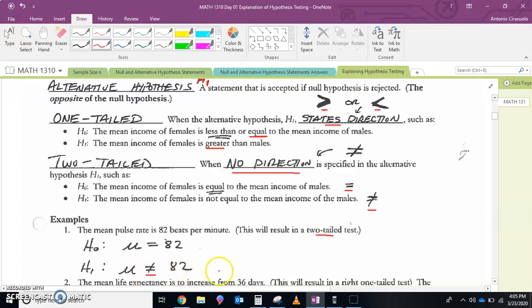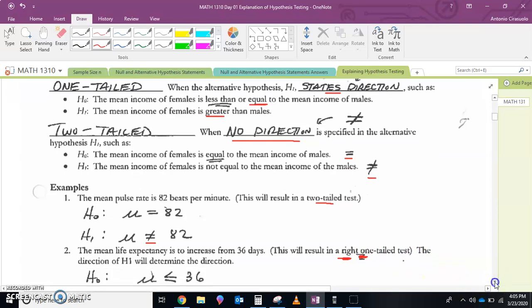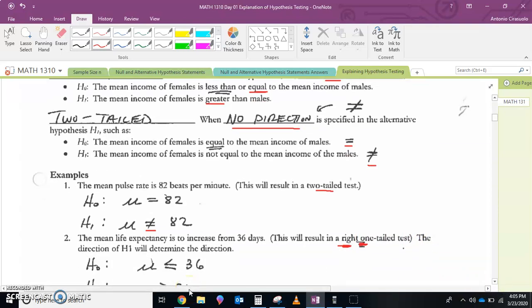The next example, the mean life expectancy is to increase from 36 days. This will result in a one-tail, and specifically increase, greater than, tells you the direction, okay, and you'll see what this means in terms of the picture in a couple minutes. So in terms of the hypotheses, the mean life expectancy is increased from 36 days.